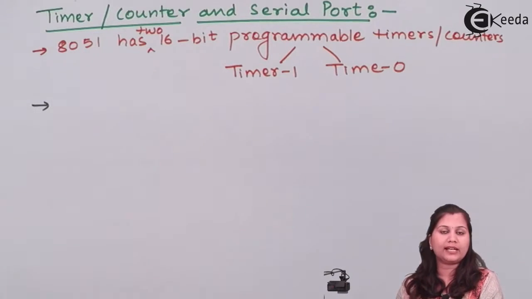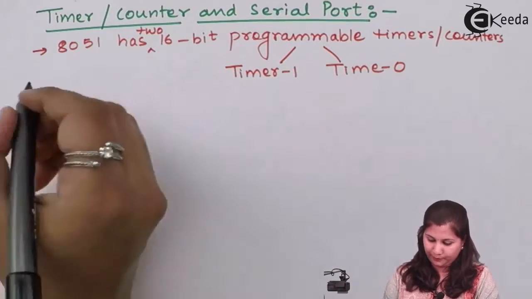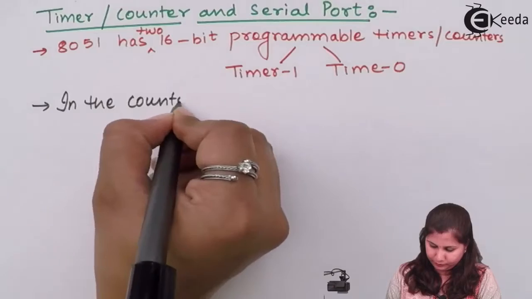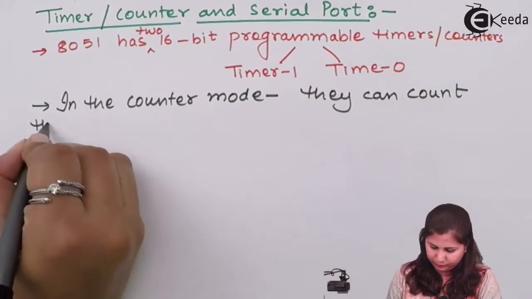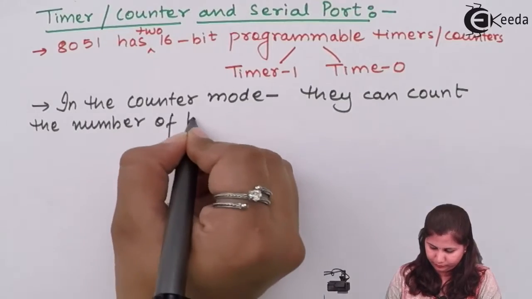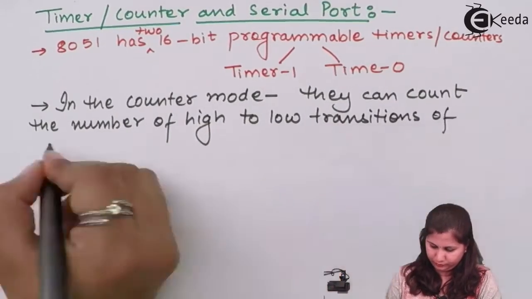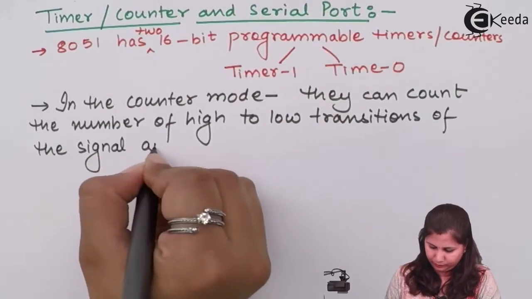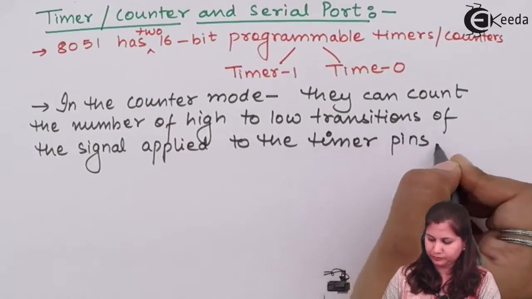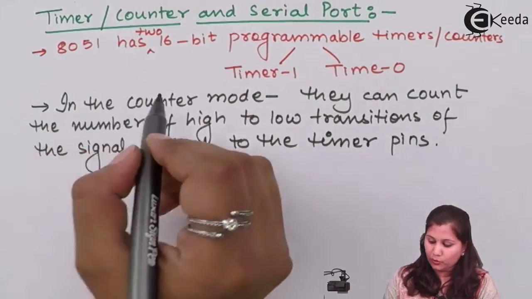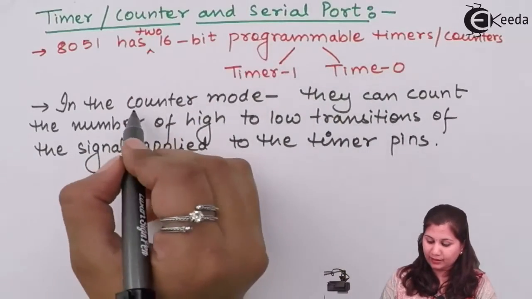So these counters are loaded with the count value and they can be incremented or decremented. This was the operation when these 16-bit registers act as the counter.